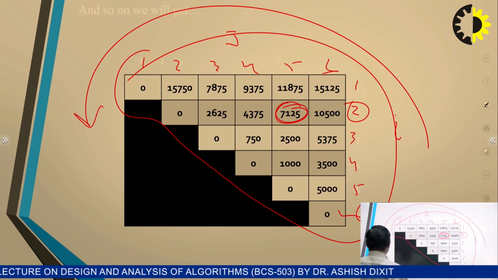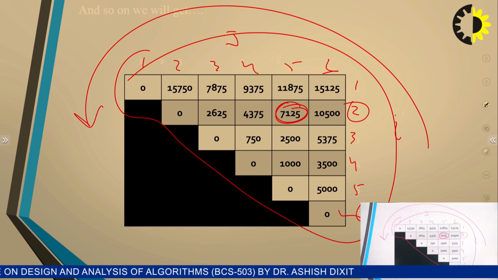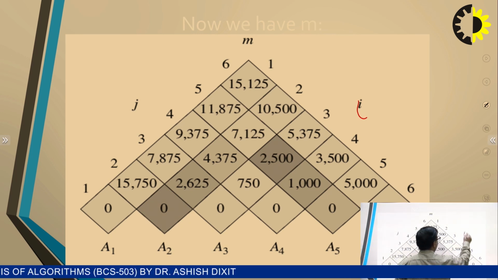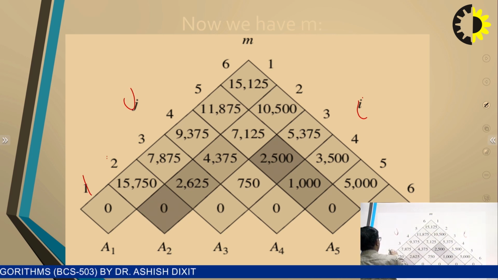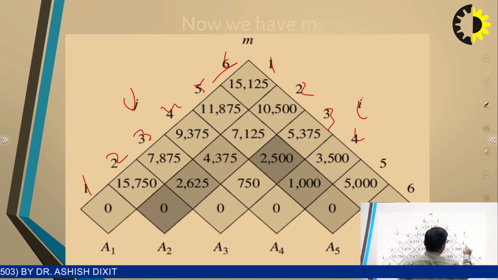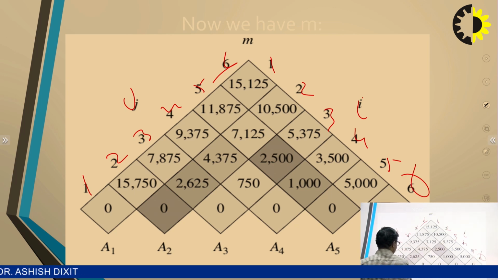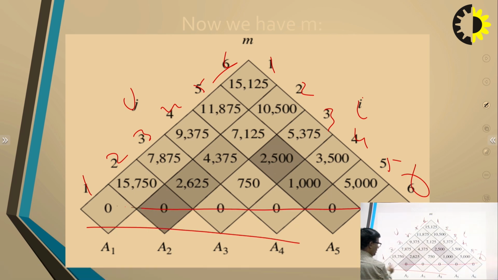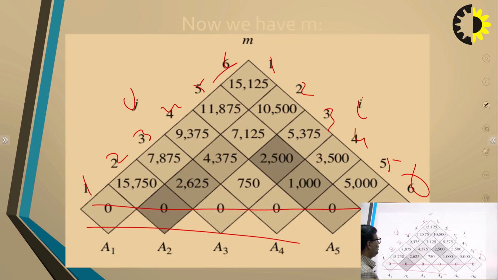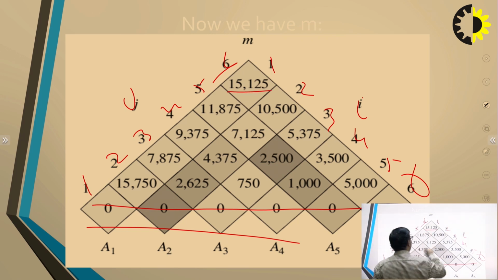Then again we will consider this particular way. These are i and these are j. Here 1, 2, 3, 4, 5, 6, and here 1, 2, 3, 4, 5, 6. These are the matrix, the zeros of them, these are the diagonal values. And in a similar way we will get the parenthesization, meaning at which k the value is found.